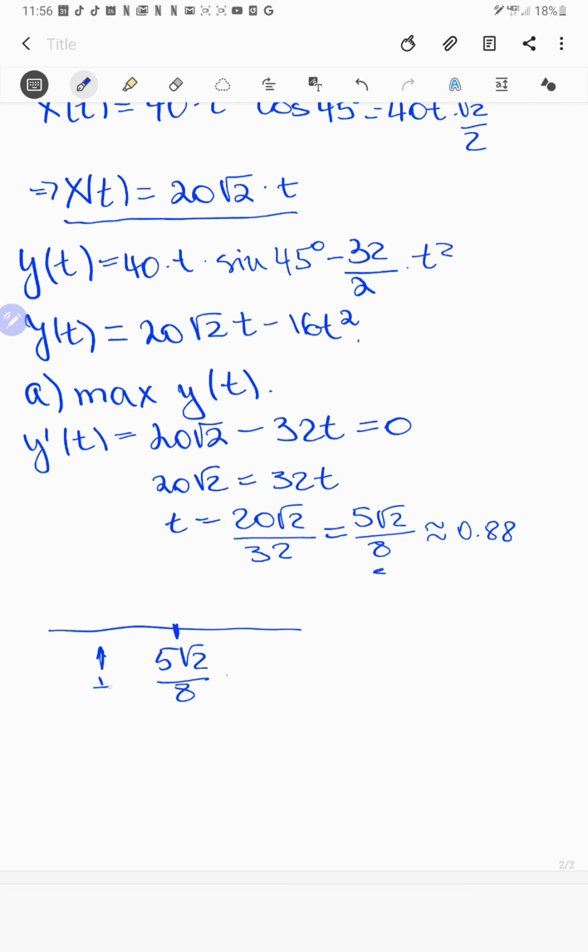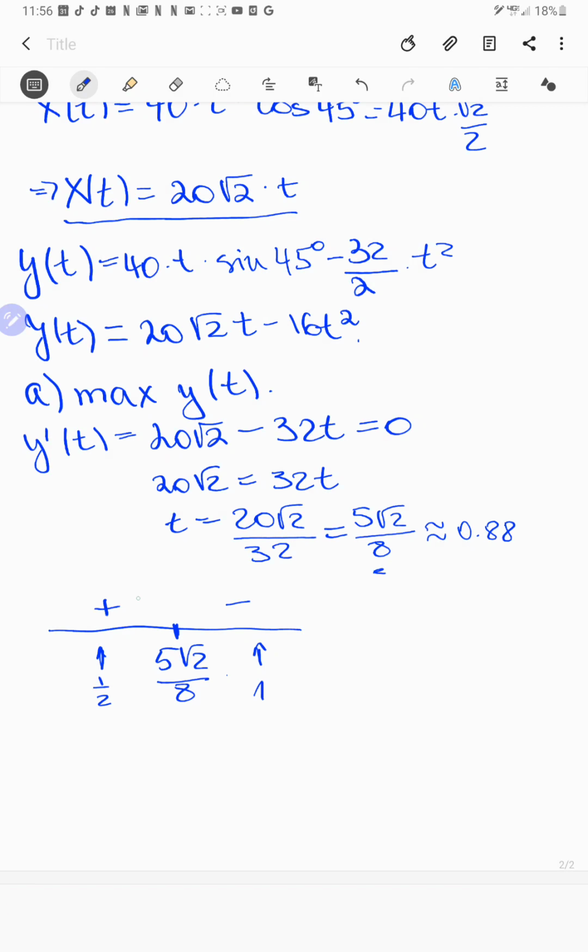So if we plug in 1/2 into the derivative, we'll have 20 square root of 2 minus 32 times 1/2, which would be a positive number. And again, we can also plug in 1. We'll get 20 square root of 2 minus 32, which is a negative number.